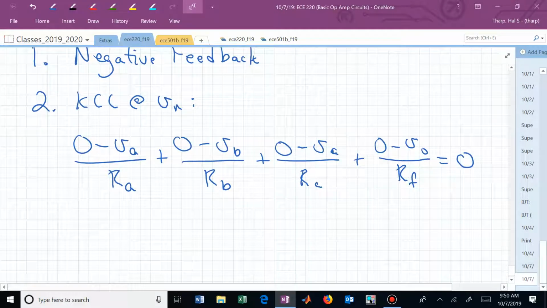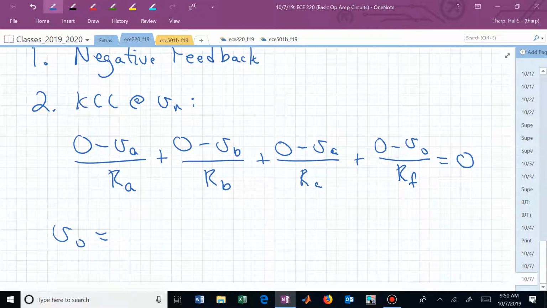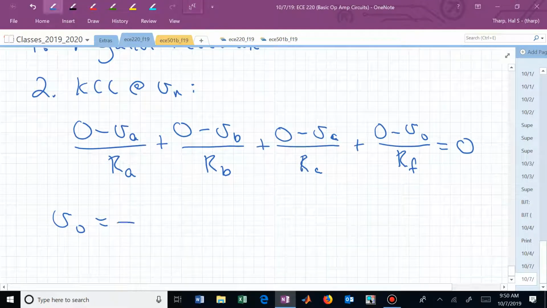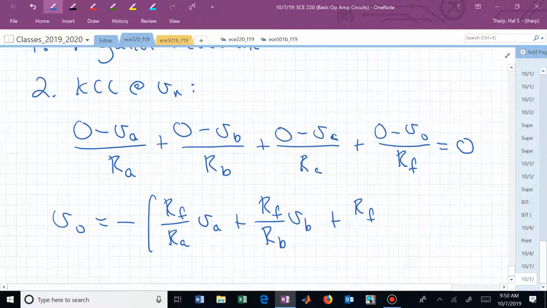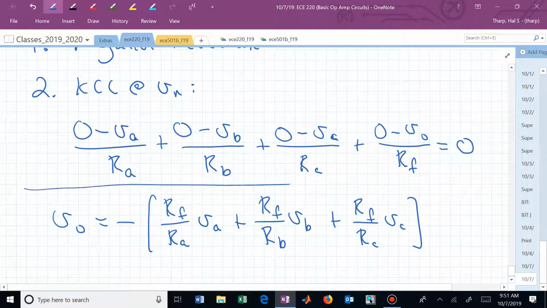And now I would like you to solve that for V sub 0. Put V sub 0 on the other side, multiply everything by R sub F, both sides, and you end up with minus R sub F over R sub A, V sub A, plus R sub F over R sub B, V sub B, plus R sub F over R sub C, V sub C. Interesting.